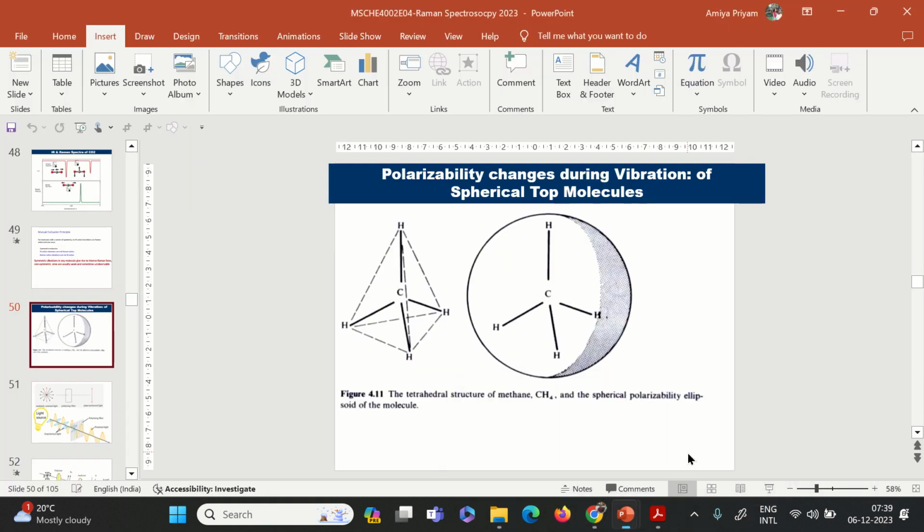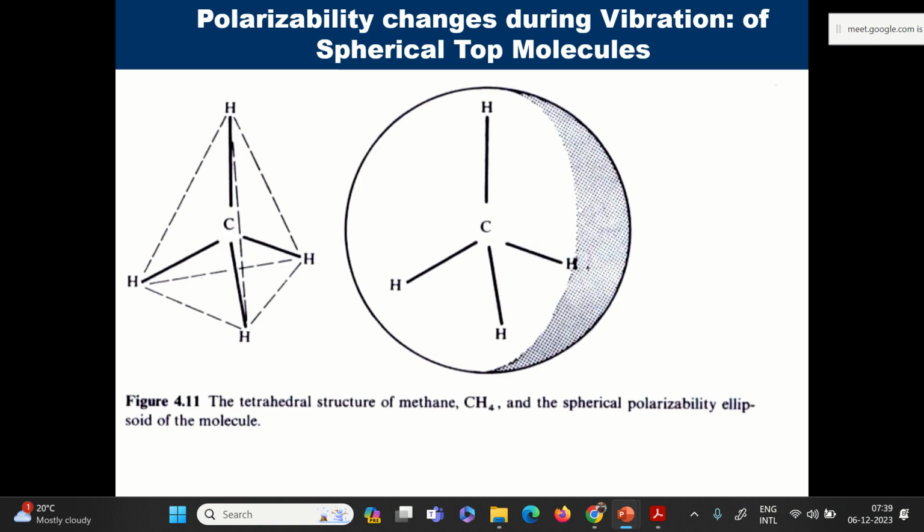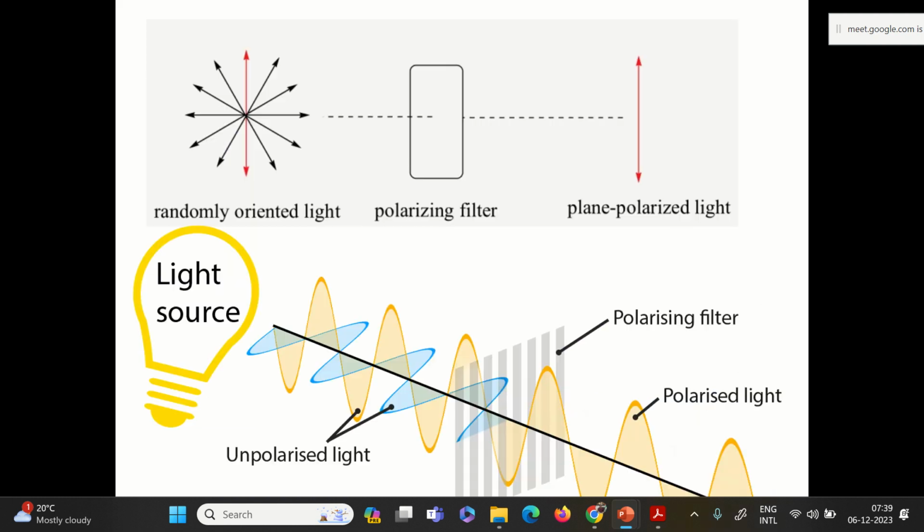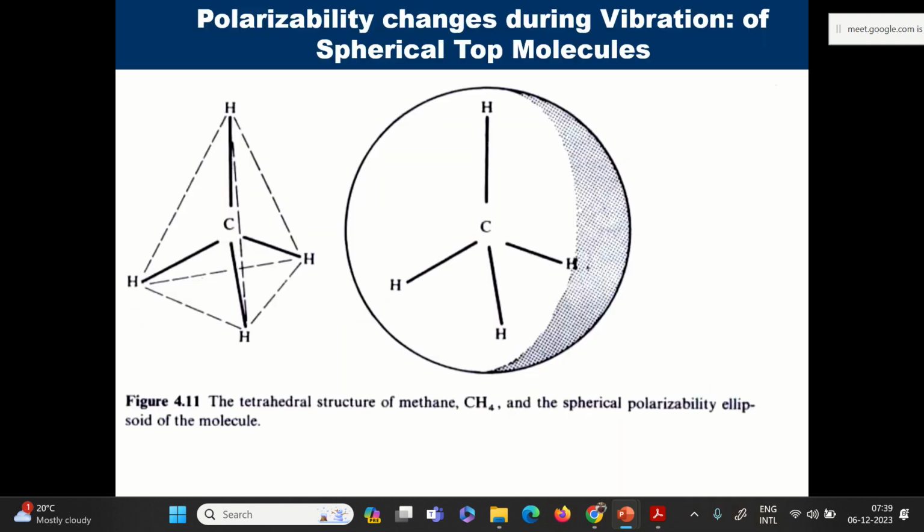Okay, back to what we were discussing for spherical rotors, spherical top molecules. Taking the example of CH4, this is the ellipsoid, and we'll discuss more about this. But first, let me tell you, there's one more thing that happens in Raman.